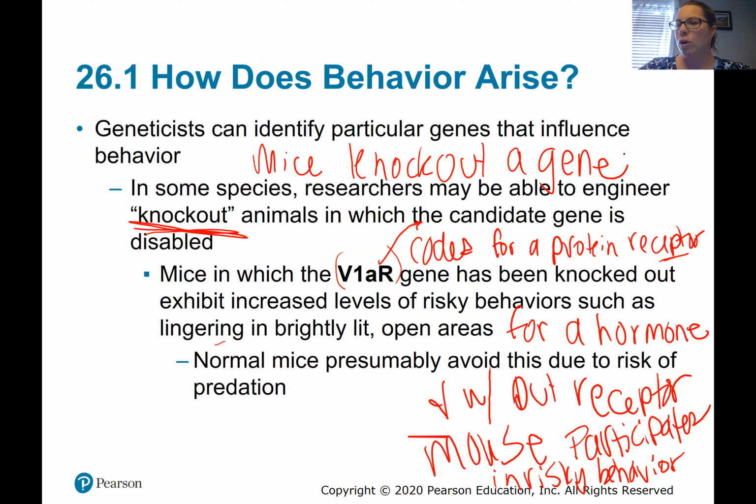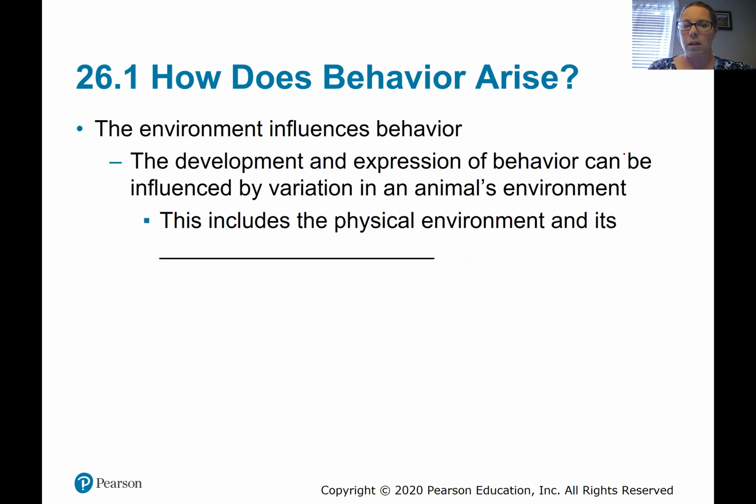They have no maternal care in them at all. They abandon the babies and act like they have no idea what's going on, where the mice with the gene will take care of and nurture the babies. So those are some examples of research studies looking at genetic influences on behavior.